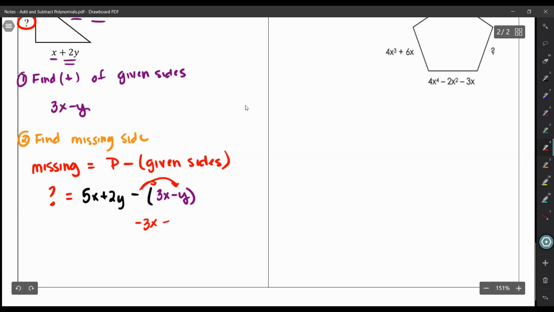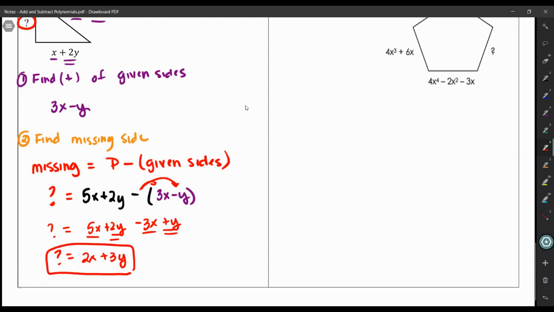Negative times a negative is a positive y. And then we simplify. So question mark is equal to 5x minus 3x is 2x. 2y plus a y is 3y. So this is the value of my missing side in terms of x and y. So the missing side is 2x plus 3y.